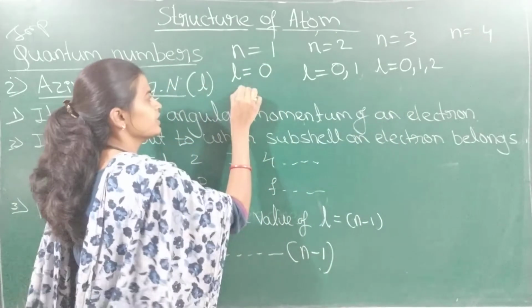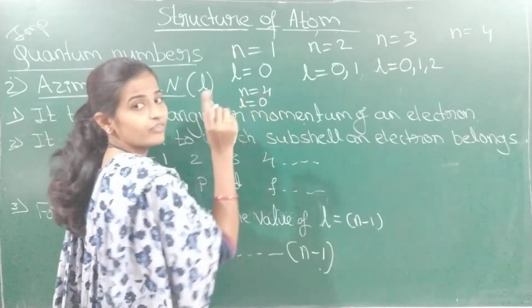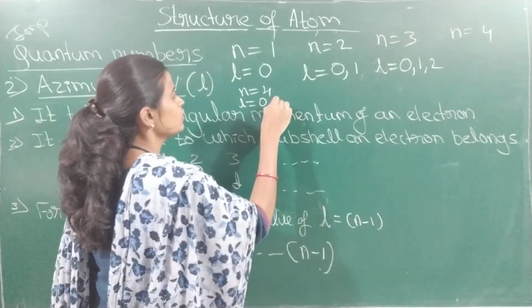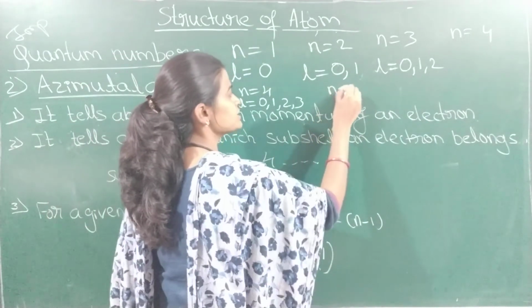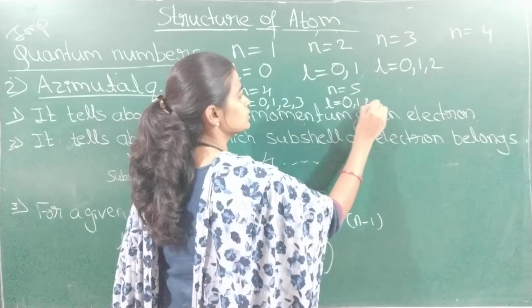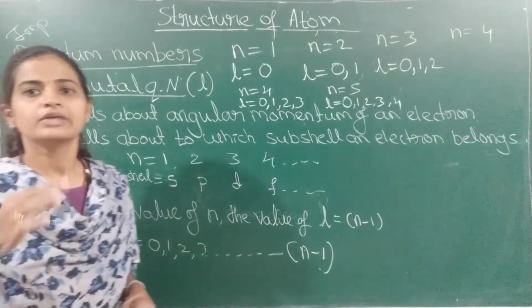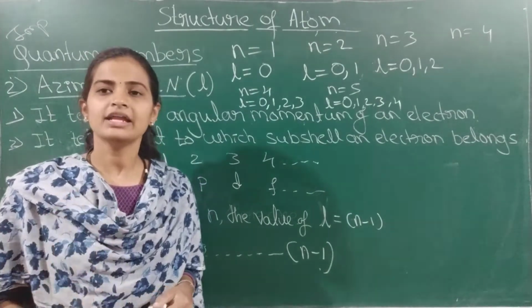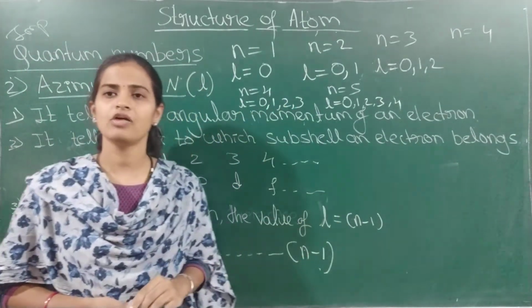Values of l start from 0, 1, 2, 3, over. If n is equal to 5, values of l are 0, 1, 2, 3, 4, over. This is how we can find out the values of l by using the value of n.